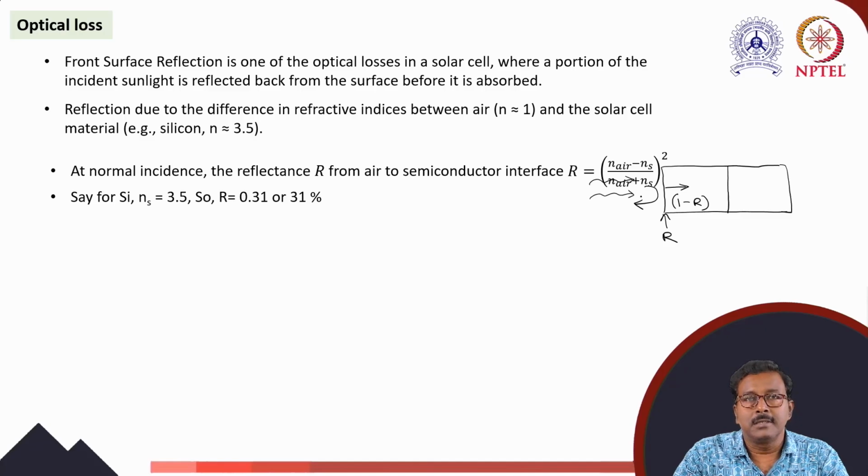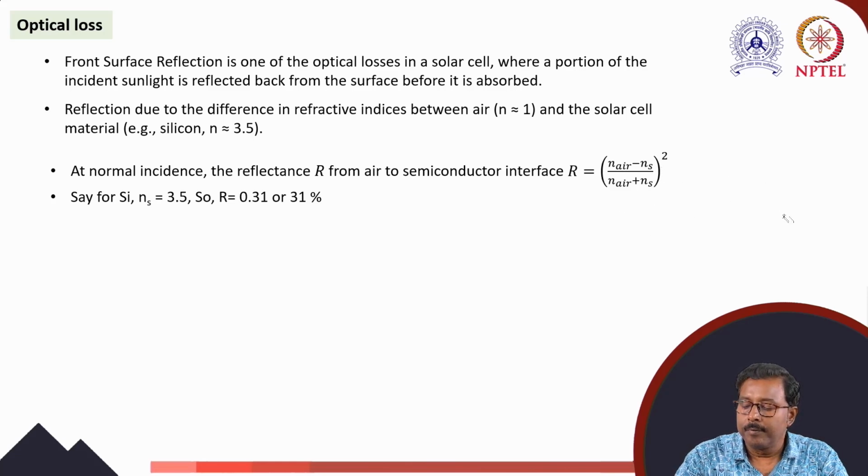At normal incidence, the reflectance R from the front surface is denoted as (n_air minus n_s) by (n_air plus n_s) whole square, where n_s is the refractive index of the semiconductor material. If we calculate this value for air, that is 1, and semiconductor 3.5, we get the value of reflectance.